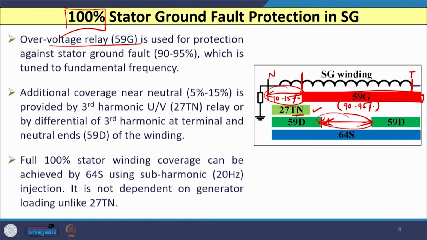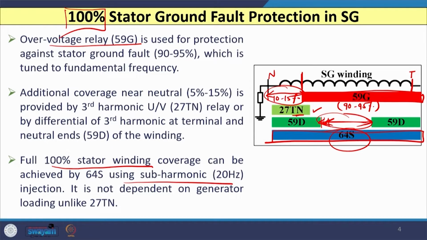So, to achieve 100% protection against the ground fault in the stator of the generator, we need some other scheme, and nowadays most utilities use the scheme based on 64S, known as 100% stator winding coverage, which uses the subharmonic injection principle.